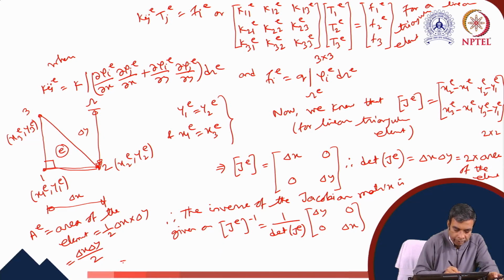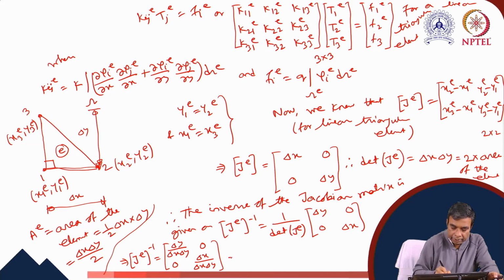So this gives us the inverse of the Jacobian matrix equals delta y by del x del y, 0, 0, delta x by del x del y. So this gives us 1 by delta x, 0, 0, 1 by delta y.